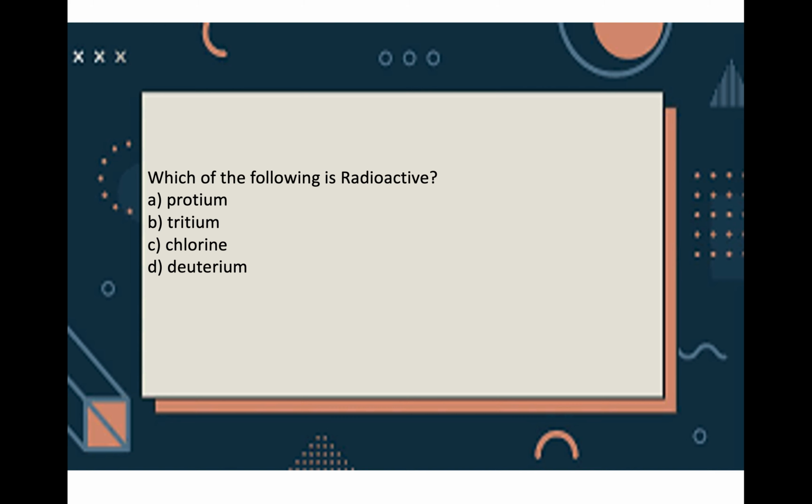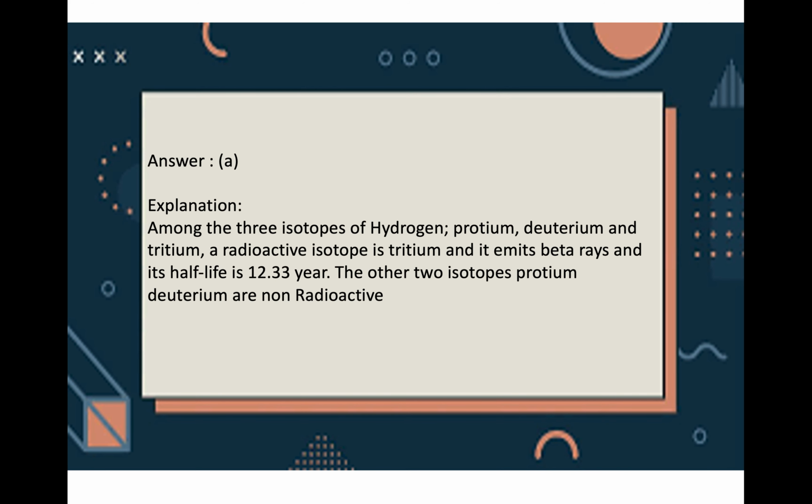Next question, which of these following elements are radioactive? A. Protonium, B. Tritium, C. Chlorine and D. Deuterium. From the choices itself we can know that three choices are the isotopes of hydrogen, whereas choice 3, chlorine, is a halogen. Three isotopes are there, protonium, deuterium and tritium.